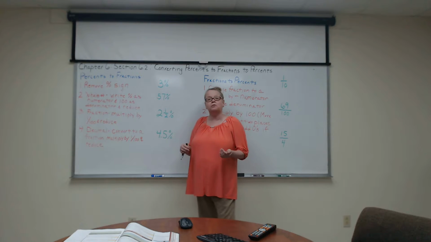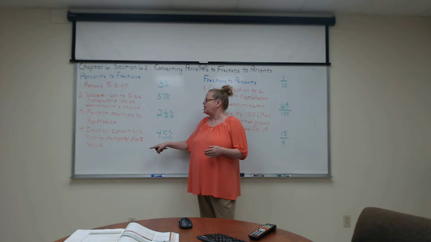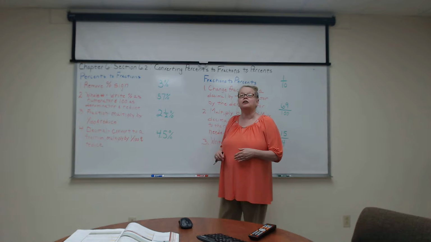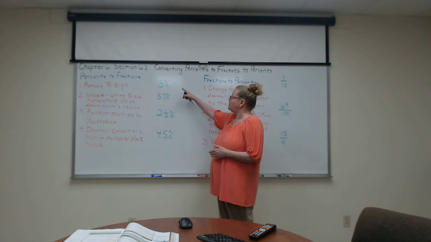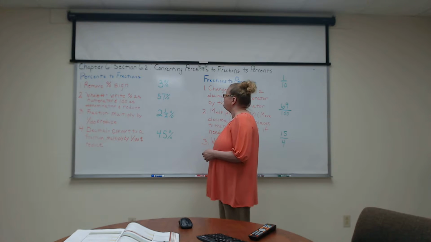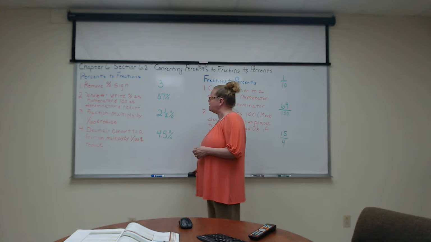Finally, if the number is a decimal, you take that decimal, convert it to a fraction, and then multiply it by 1/100ths, and again reduce as needed. So let's look at a couple of the examples. We have 3%. The first thing we do is remove that percent sign.